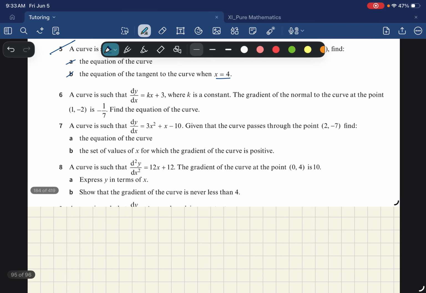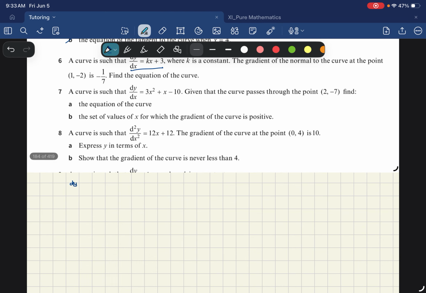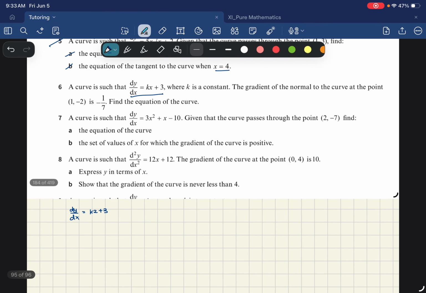Question 6. A curve is such that dy by dx is given to be kx plus 3. The gradient of the normal to the curve at the point 1 comma negative 2 is given. Well, dy by dx gives me the gradient of the tangent, not the normal.